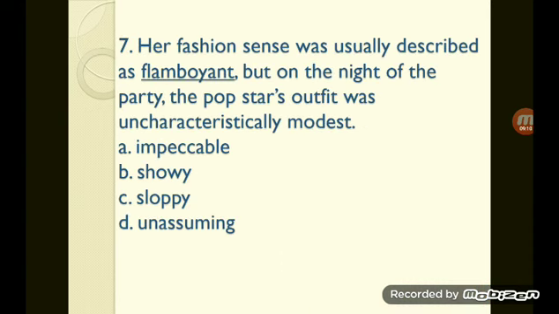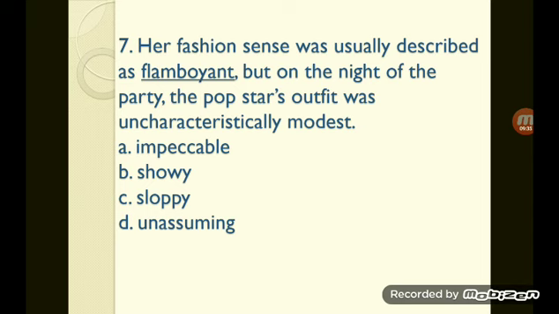Next, her fashion sense was usually described as flamboyant. Flamboyant is the opposite of subtle. Subtle is something that does not attract too much attention. Flamboyant is something which is overly attractive, in the sense that people's attention will be attracted to the flamboyant object or dress or whatever it is.